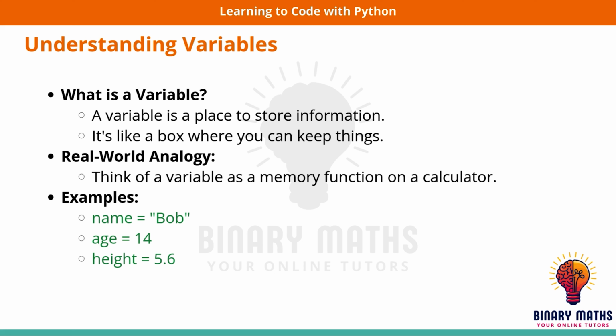Using variables makes your code more flexible and easier to manage, as you can change the values stored in them without altering the rest of the program. This concept is similar to the memory function on a calculator, where you can store and recall values as needed.